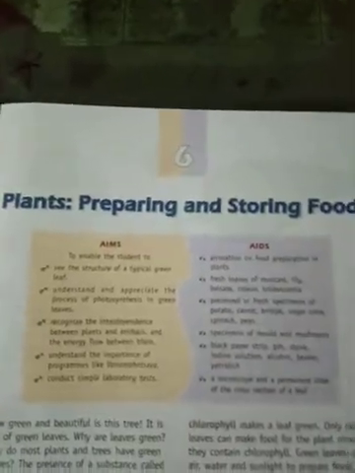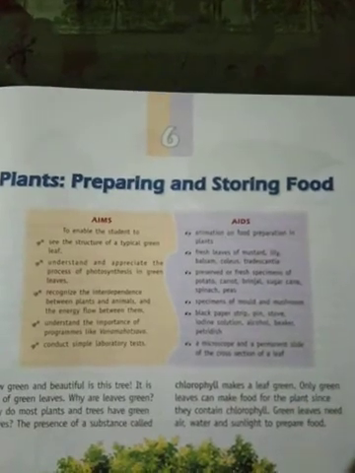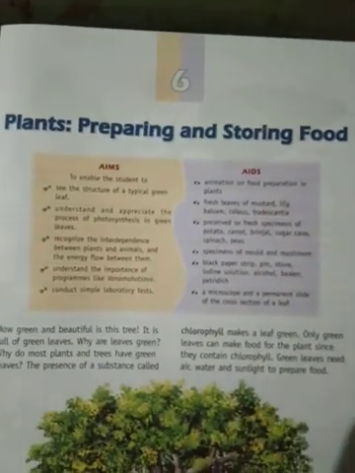So on behalf of our team, I am presenting a video for explaining the concept behind this chapter, whose name is Plants Preparing and Storing Food. So let's take a look. This is the chapter that we need to discuss for today.